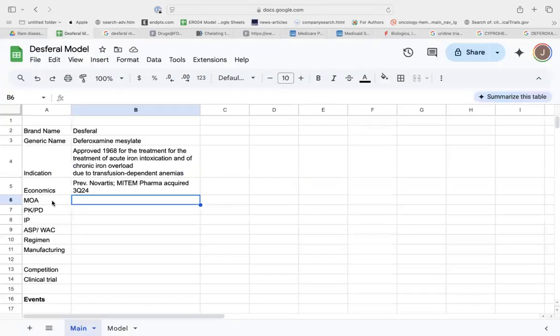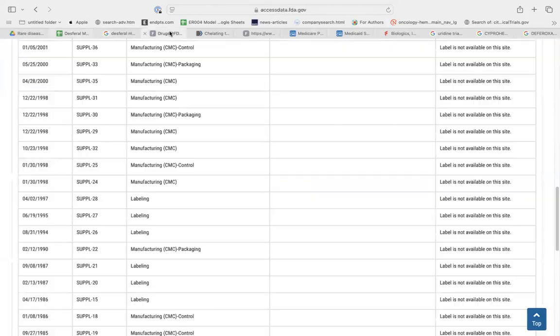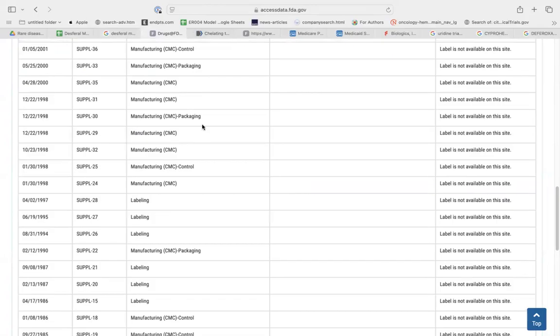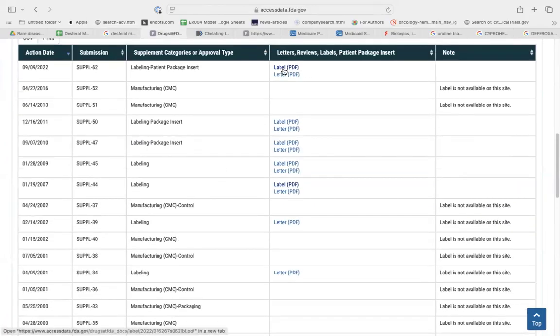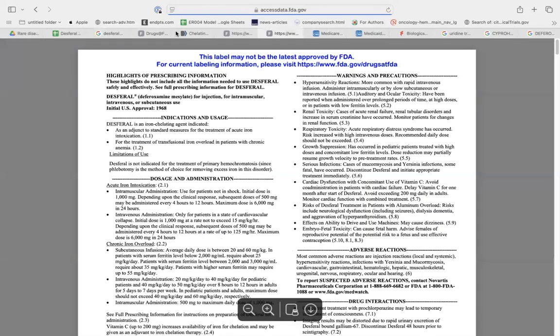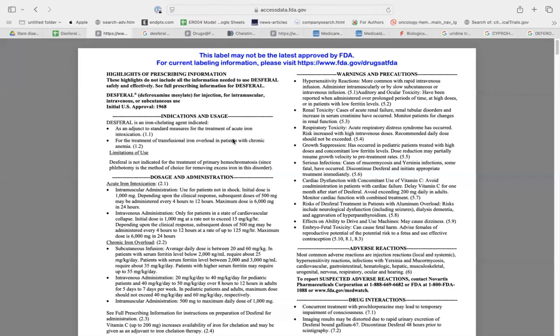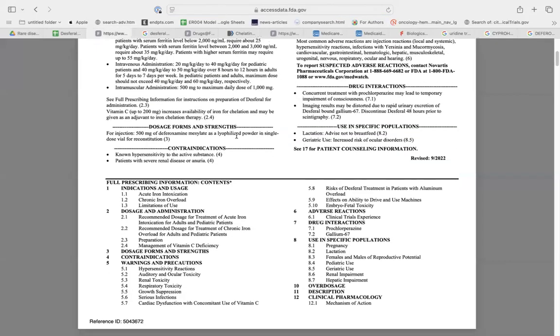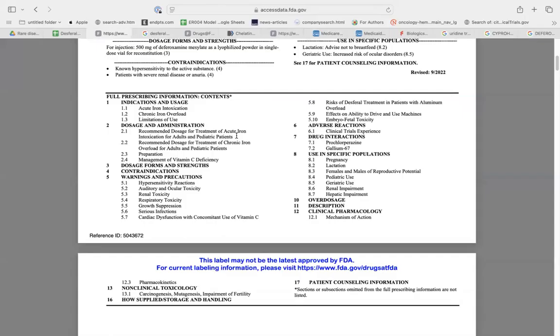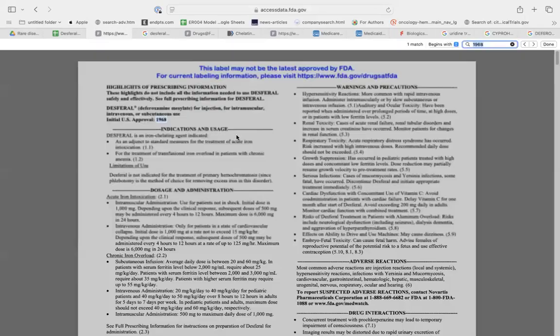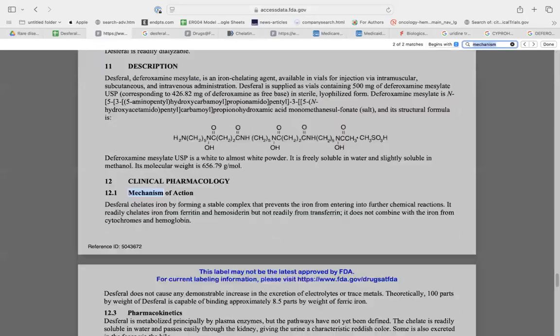Okay. All right, mechanism of action. This is kind of the fun part, to learn the mechanism. I just Control-F mechanism. There you go.